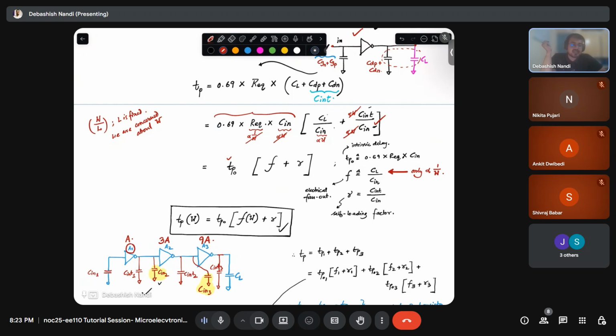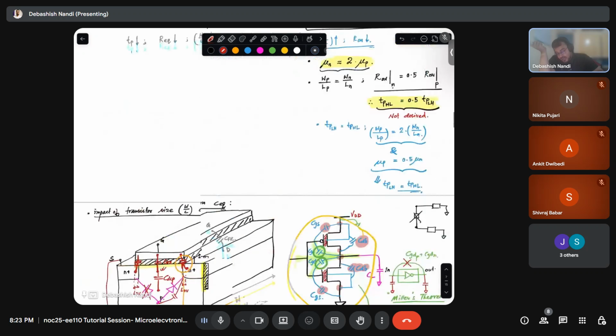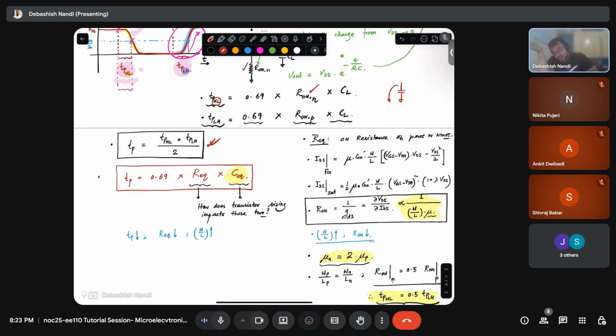For example, they have given you different mobilities. Let's say it is not scaled by 2, and mu p is 1 by 3 of mu n. Then what will you do? To calculate this R equivalent, you will calculate R on P and R on N and then take the average value, because this is directly coming from this equation, right?